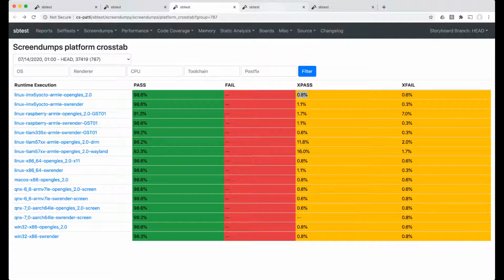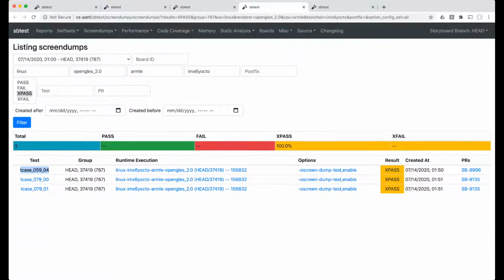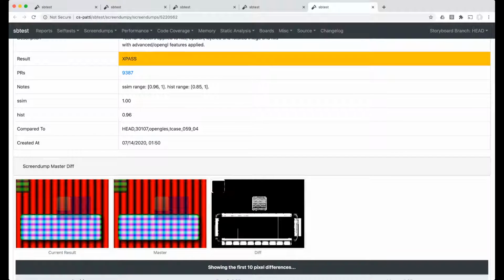And for each one of these platforms, we run a series of individual tests, and those individual tests look at various visual scenarios. When they look at those visual scenarios, they're evaluating them not just on a pixel by pixel basis, but they're actually using a few different metrics to evaluate the visual scene that's being presented.